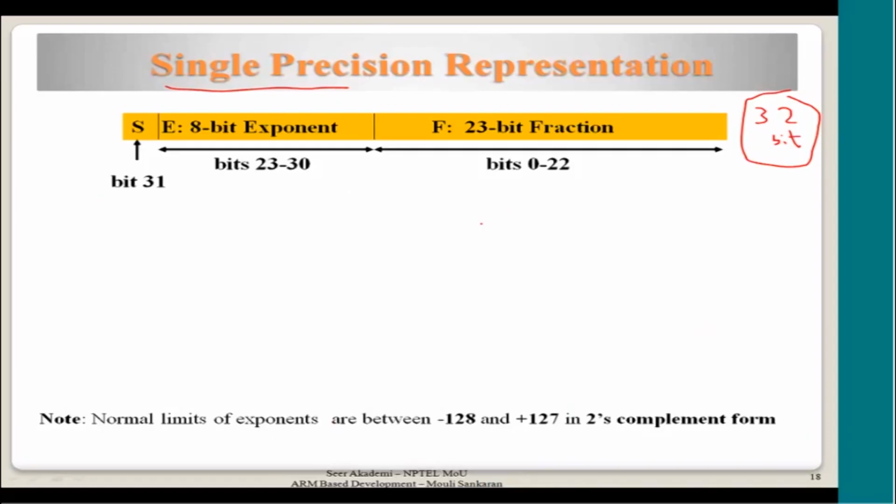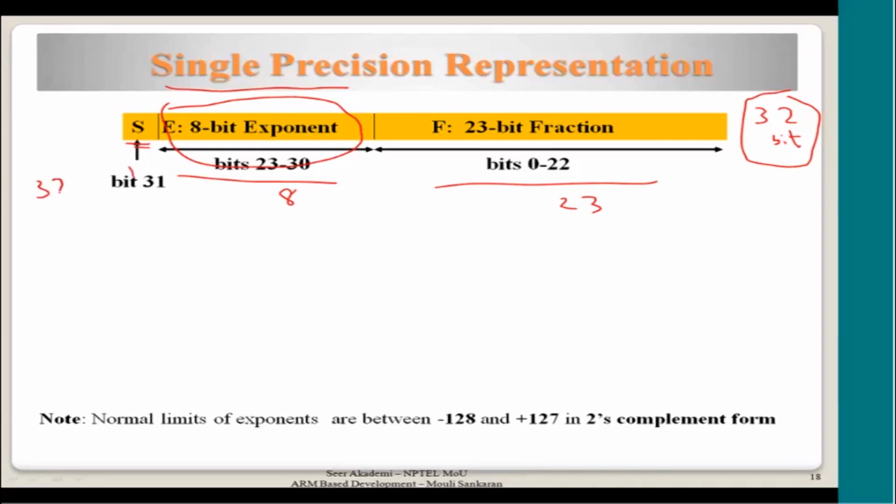I don't want you to lock on to that, but you should know, when you are working on IEEE 754 notation, where the exponent portion comes and where the fractional portion comes. There is a reason behind this. The exponent portion is here immediately after the sign bit, and then the fractional portion. Now how many bits are reserved for that? 8 bits are reserved for this, and 23 bits are reserved for this, and 1 bit for the sign bit. Now it adds up to 32 bits.